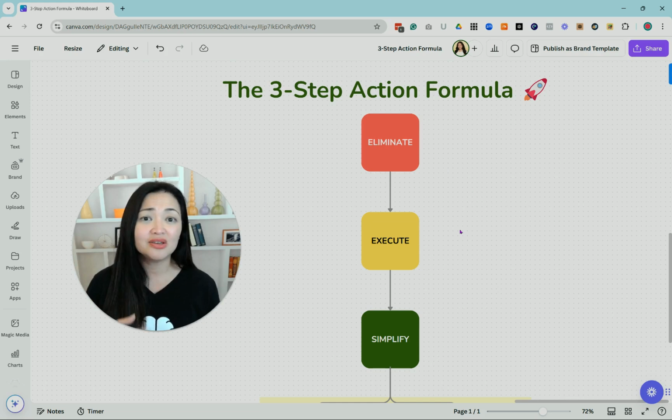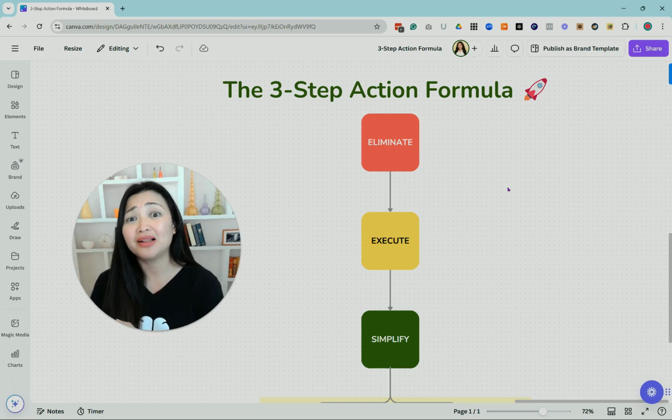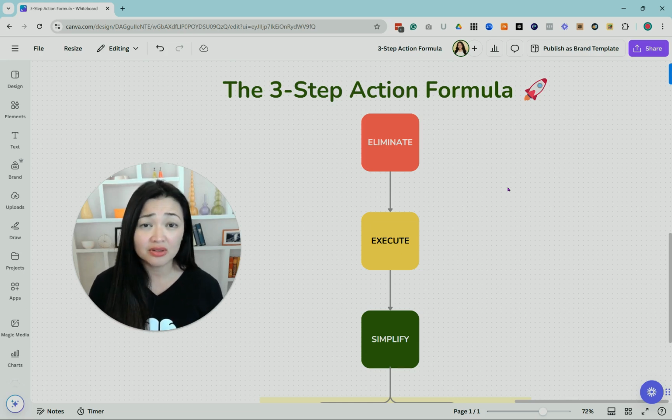And then I executed, I taught them how to read, and then we simplified it even further. And they learned how to read without even persuading them. And there's no crying, it was all natural. That's the beauty of learning about this 3-step action formula, because you can apply it in different parts of your life and you can apply it as you grow, with your life, your business, and with your family.